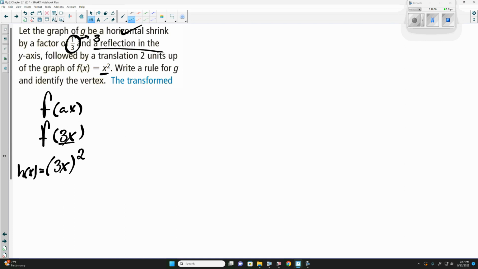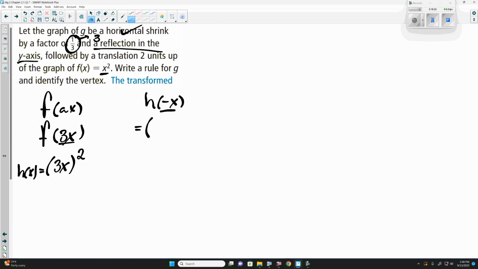The next one is a reflection in the y-axis. Now, x-axis was our negative f of x, but for y-axis, it's f of negative x. In this case, we'll say h of x, because we're talking about h of x and not f of x anymore. Now, just like with our horizontal shrink, where we replaced every x in the function with 3x, now we're going to replace every x in the function h of x with negative x.